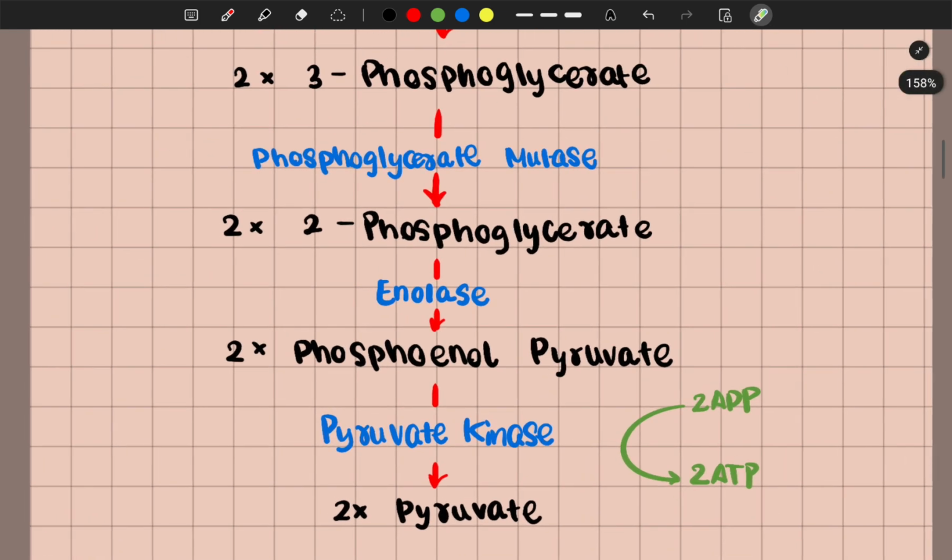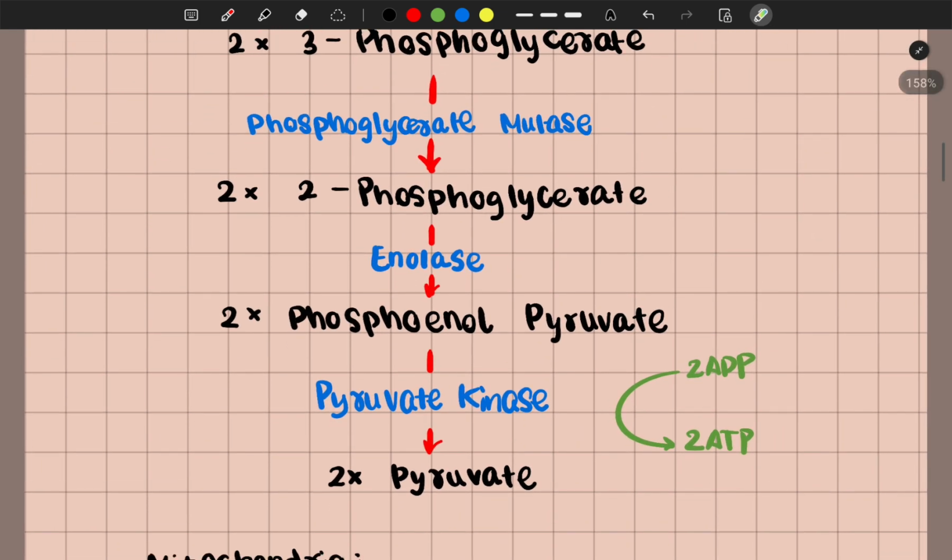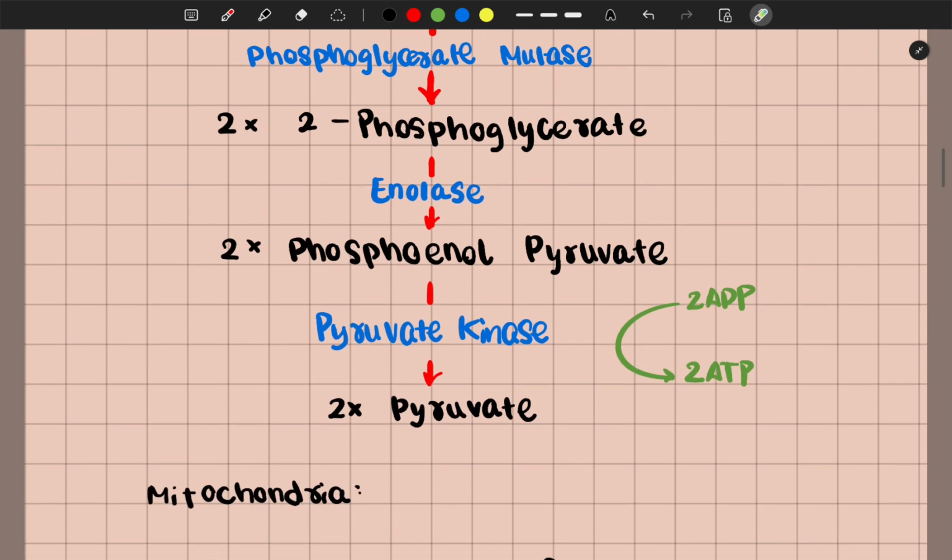Now there is a change from 2-phosphoglycerate to phosphoenolpyruvate or PEP under the enzyme enolase, and that is further converted in a final step into pyruvate, which is our main product and the main molecule that we use to enter the Krebs cycle.